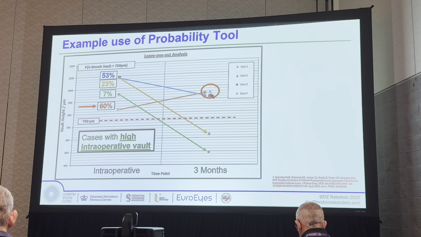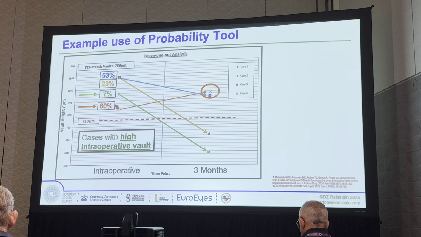It stabilized around 950. Looking at the next case, this one only had a 7% chance of stabilizing above 750 microns postoperatively, and we saw it come right the way down to beneath 500 microns. So here the model is predicting where the vaults are going to stabilize.